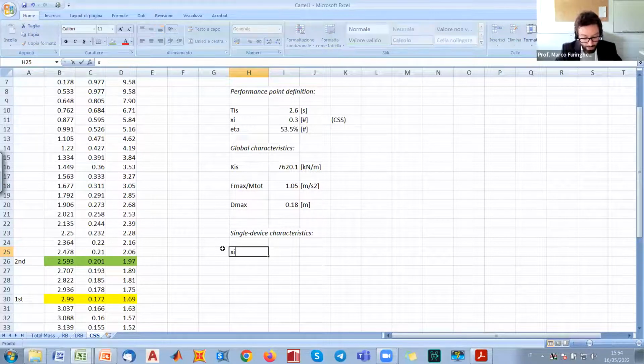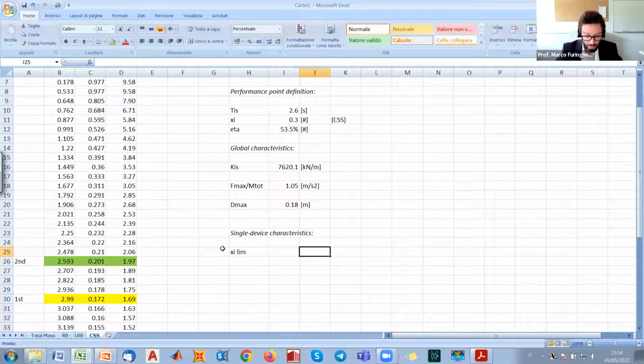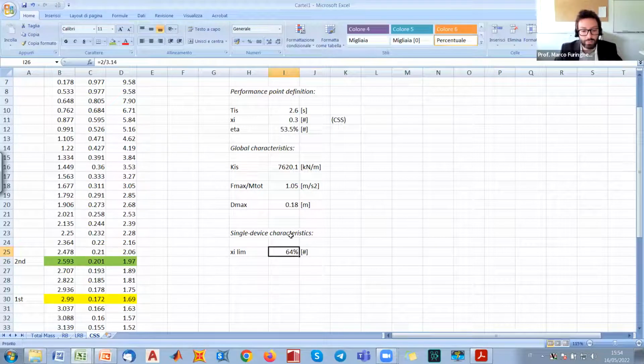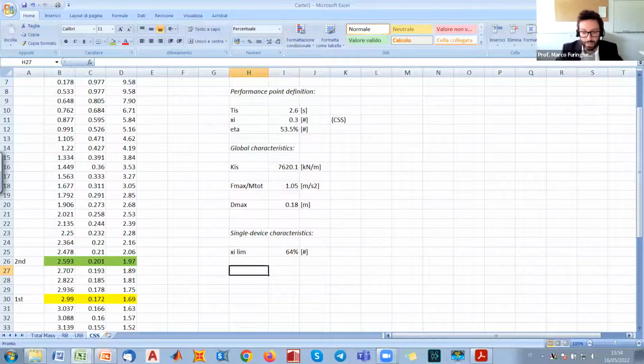So Xi limit, which is a number, is just 2 over pi, and you see that you get 63.69, so could be rounded to 64%.